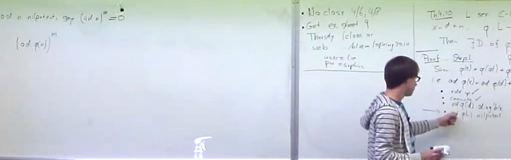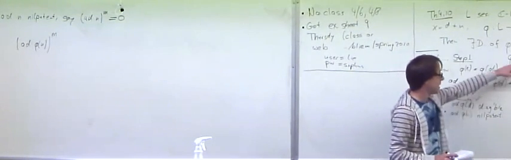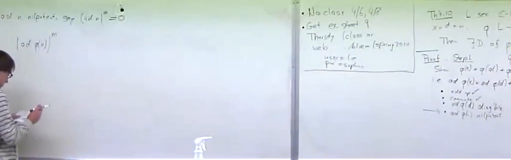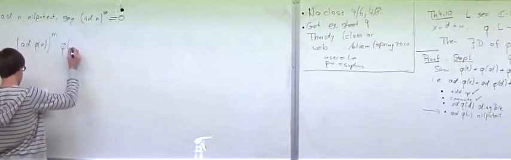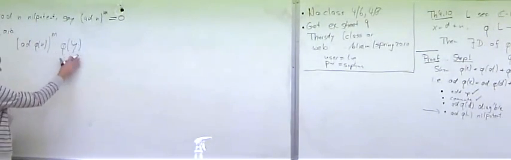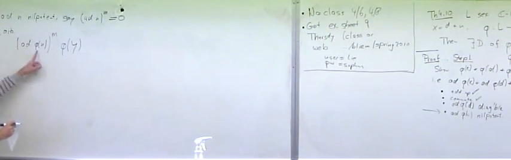So this is an operator on phi of L, on this Lie algebra. So we have to apply it to a test vector phi of y. So for y an arbitrary element of the Lie algebra, phi of y is an arbitrary element of phi of L, so of the vector space on which ad phi of N acts.